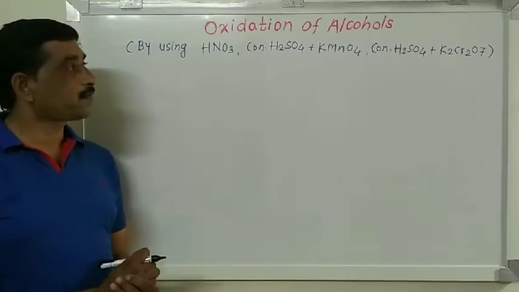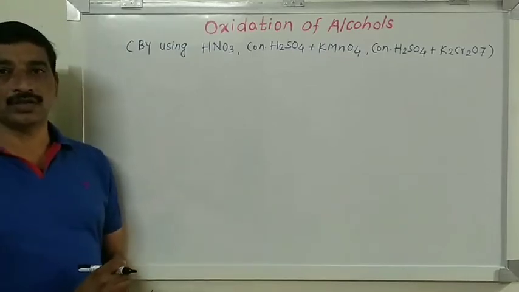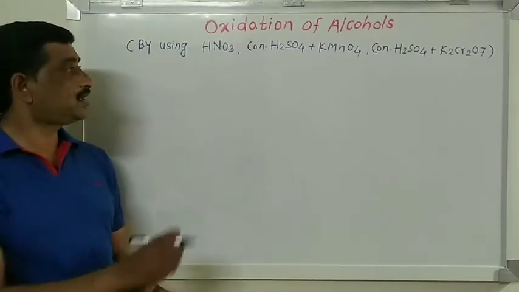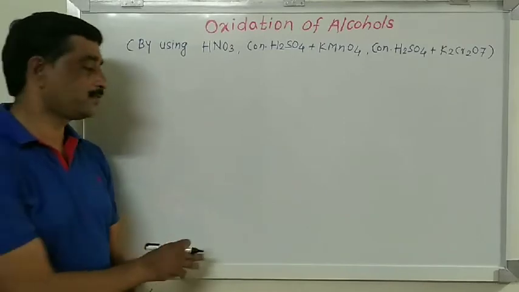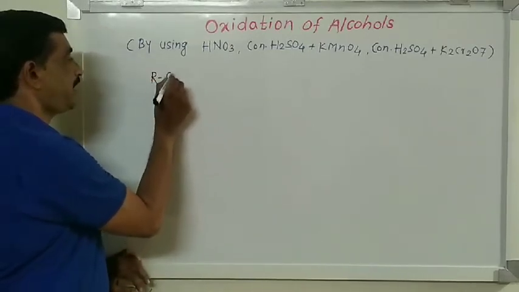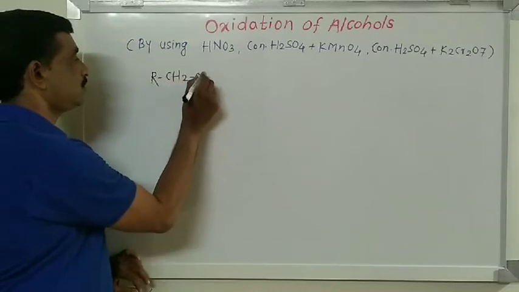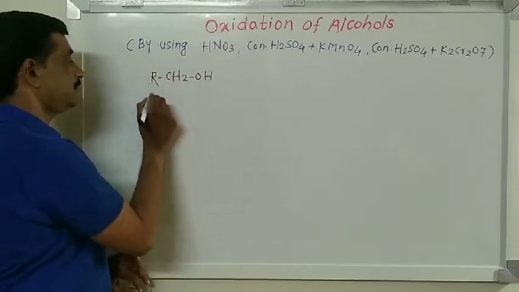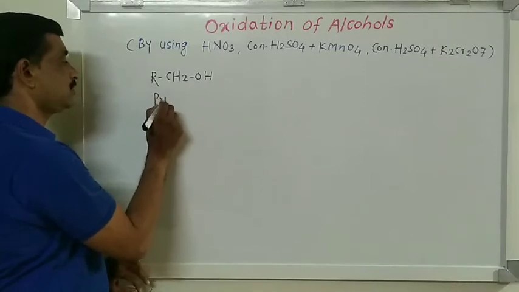So let us see how the oxidation of primary alcohols is possible by using these oxidizing agents. The primary alcohols are represented as RCH2OH. They are primary alcohols.